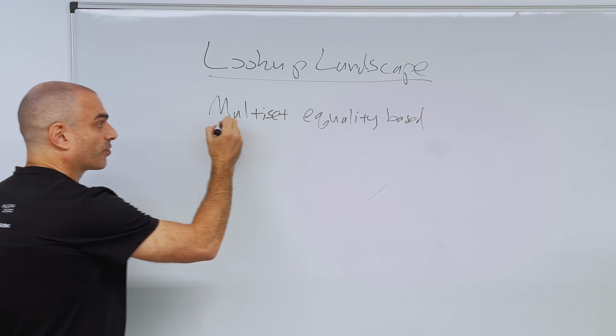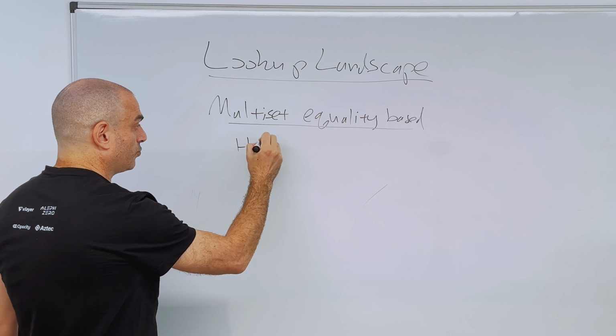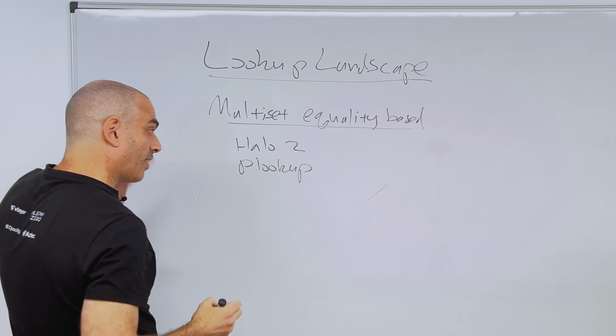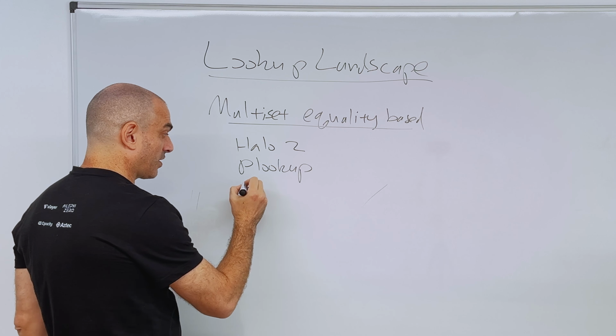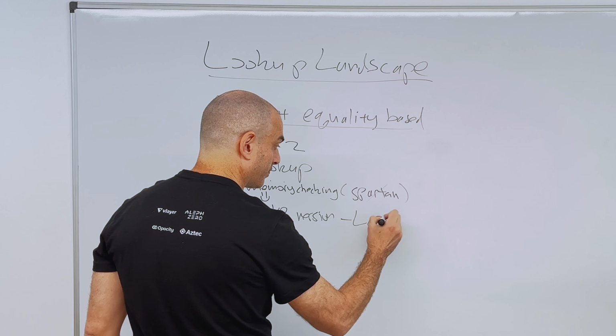In this category, we have protocols like the Halo 2 lookup protocol, and slightly less known is a protocol based on memory checking that appeared in the Spartan paper, and more recently, a GKR version appeared in Lasso.